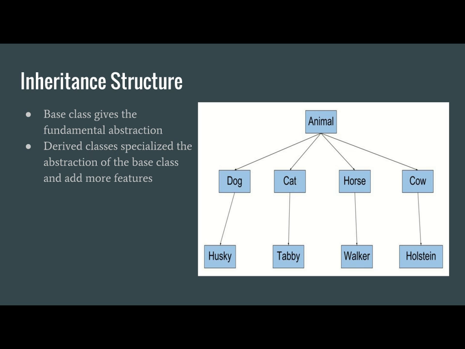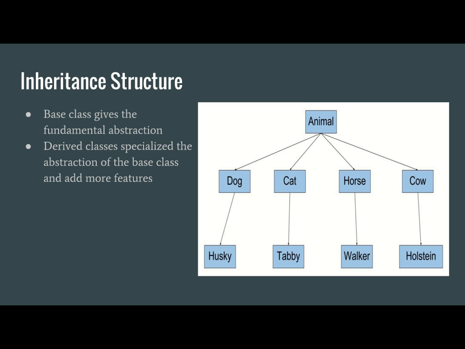And then, when we have these classes, we can derive a little bit more and give more specialization. So for dog, we can have husky dog, shih tzu dog, and other kinds of dog. For cat, we can have tabby cat, maybe gray cat, white cat, black cat. For horse, we can have Tennessee Walker horse, and for cow, we can have Holstein cow, for example.